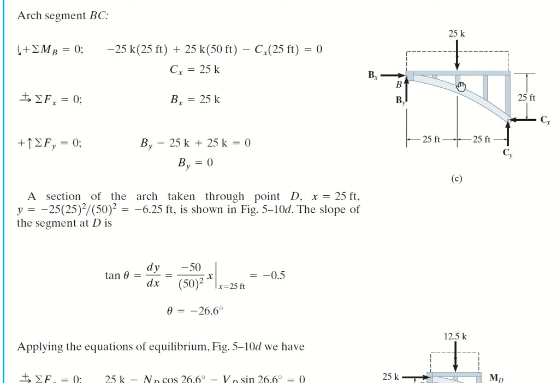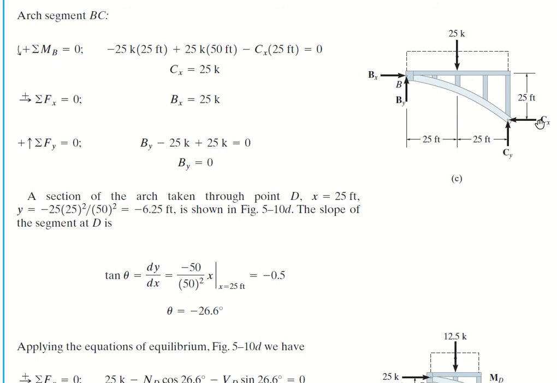So this applied load 25 kip multiplied by the perpendicular distance 25 feet, minus 25 into 25 because it is clockwise and they have taken anticlockwise as positive, plus the 25 Cy which we just got in the previous step multiplied by the perpendicular distance 50, minus Cx into 25, because Cx is also producing a clockwise moment about point B. From this equation you will get Cx equal to 25 kips.